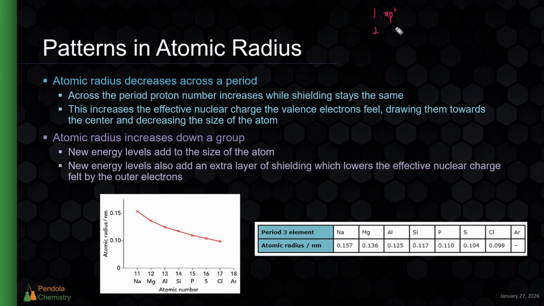Number two was shielding, which, if you remember, shielding is the repulsive effect of inner electrons for outer electrons. And then number 3 is going to be distance from the nucleus.